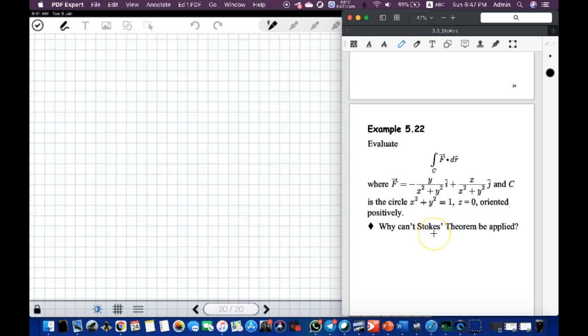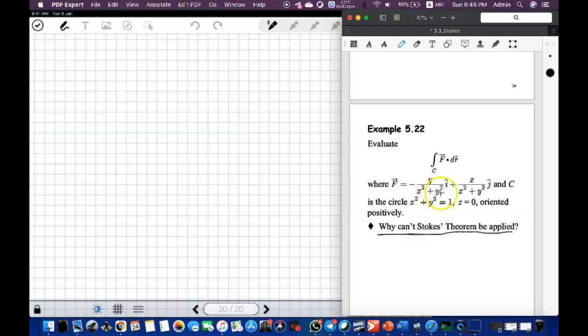Maybe this one is just about understanding how we use the Stokes theorem. The question is, why can the Stokes theorem not be applied in this case?